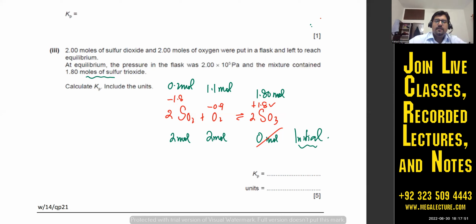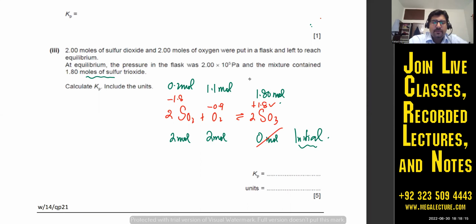So that were your initial moles, or end में 1.8 इसके पड़े हुए थे. So that means 1.8 extra got produced. And 2:1, so 0.9 over here must have reacted, and 2:2, so 1.8 over here must have reacted. तो वो कम कर लिए.